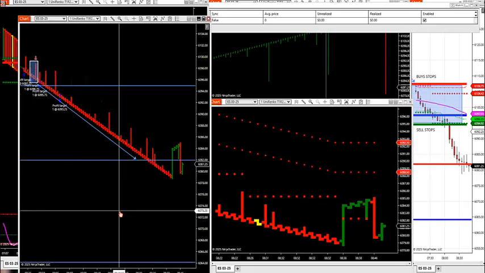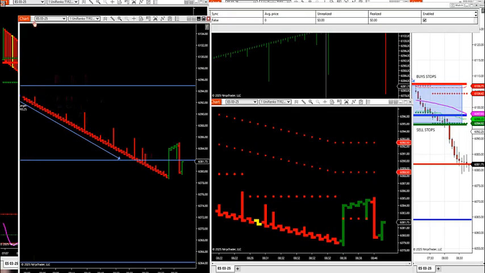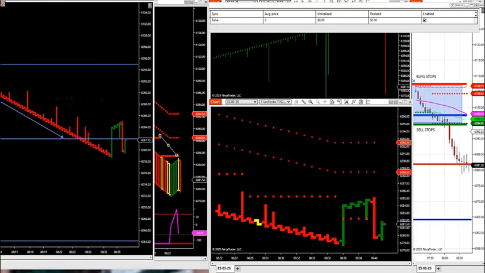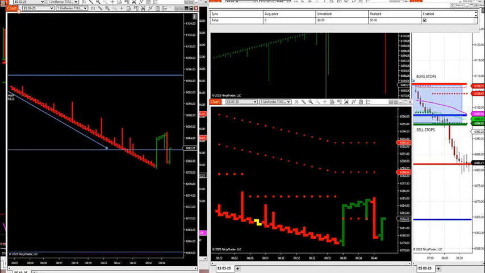So what we're doing is trying to stalk the trade. We'll leave this on here so you can watch the setup. The strategy is on. We're waiting for the first liquidity grab short. Okay? One second.